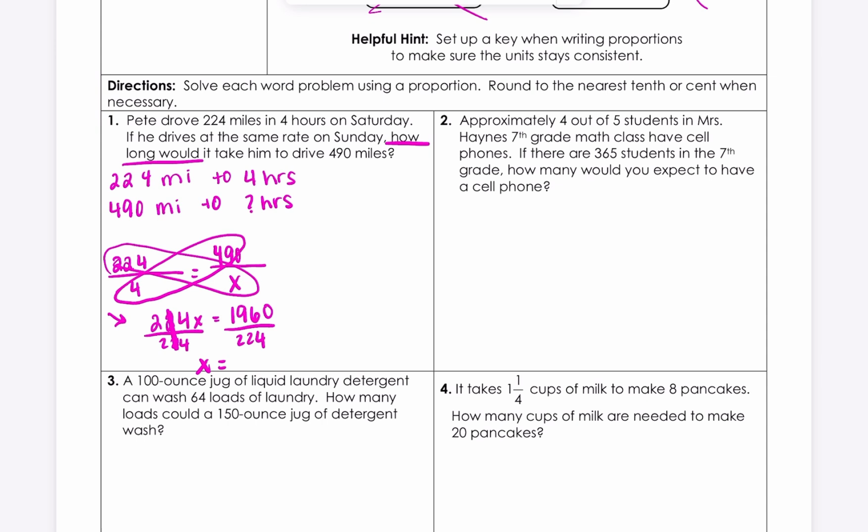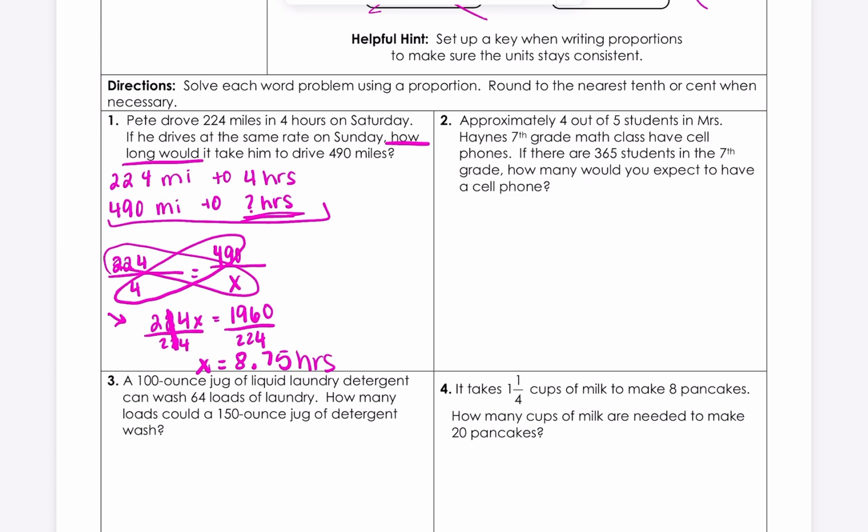Then I divide the other side: 1,960 divided by 224 gives me 8.75. Please remember that we are looking for just one specific unit, because they give us the constant rate already. We're just looking for the missing piece. So it is only 8.75 hours. Do not put per or any of those labels. It is just hours.